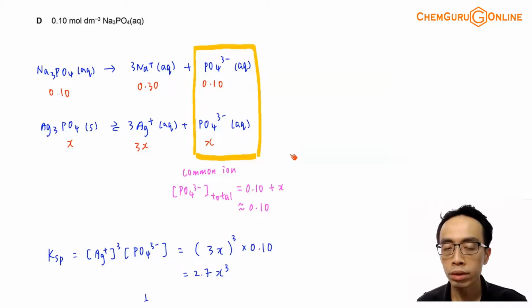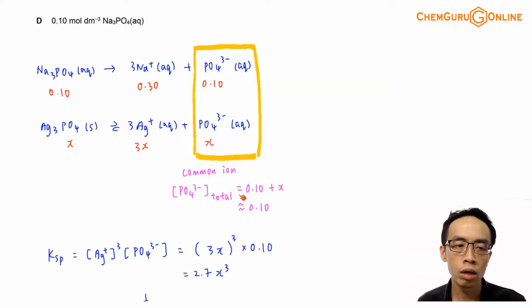Then we will impose the same approximation here. Since your silver phosphate is sparingly soluble, the degree of dissociation is very small, so therefore x is very small, and 0.1 plus a tiny number is just approximately 0.1. I don't need to consider the dissociation of your silver phosphate in the first place. So therefore, we can approximate PO4 3- concentration will be 0.1.